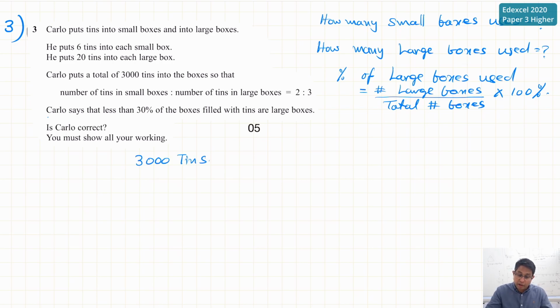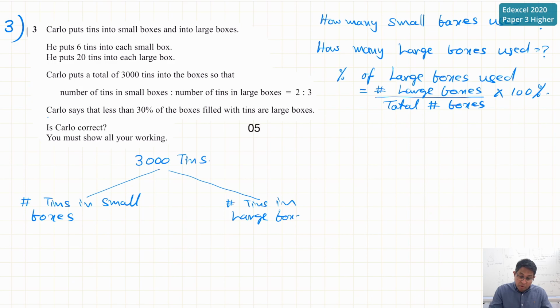Now let's see how we can work out these two. You have a total of 3000 tins. You can use this piece of information to work out the number of tins in small boxes and the number of tins in large boxes. Using this ratio, you can work out how many tins go in small boxes and how many go in large boxes.